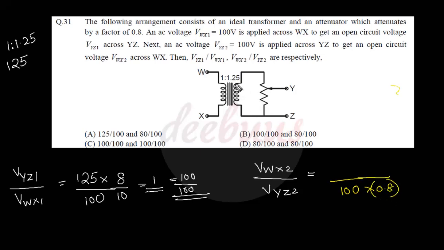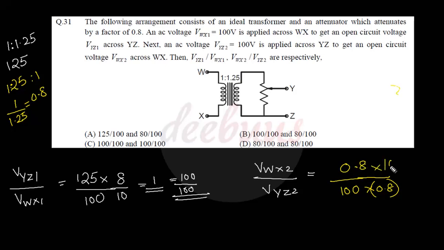Next, the signal faces the transformer, which transforms by a ratio 1.25 is to 1. So 1 by 1.25 is actually the output voltage. That is 0.8 times must be the output voltage. So I am marking as 0.8, right?